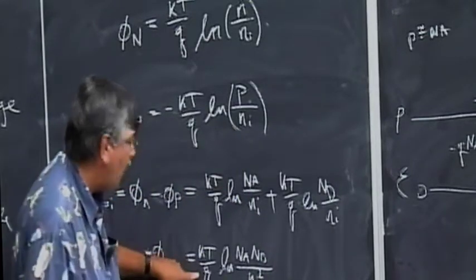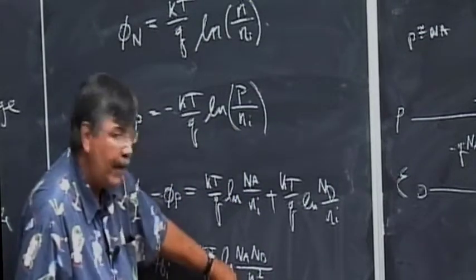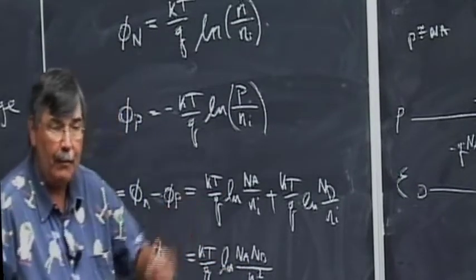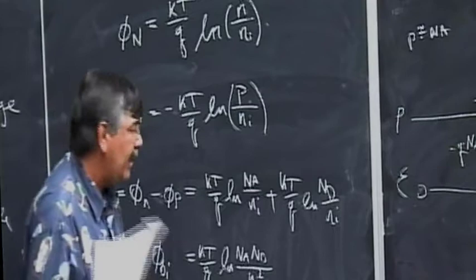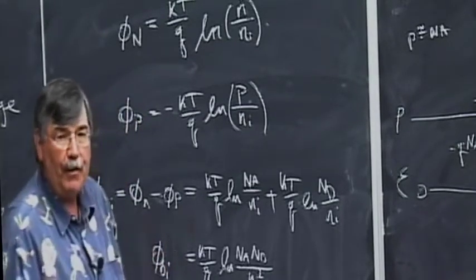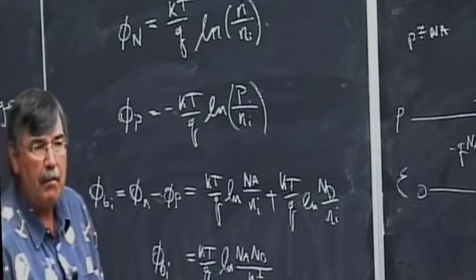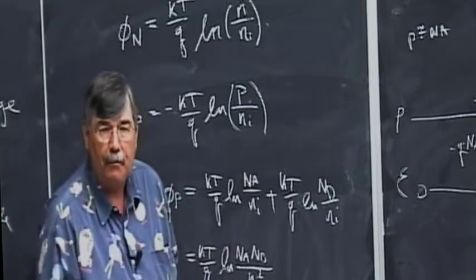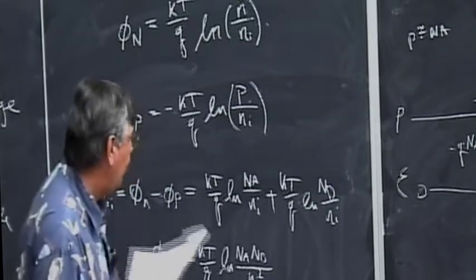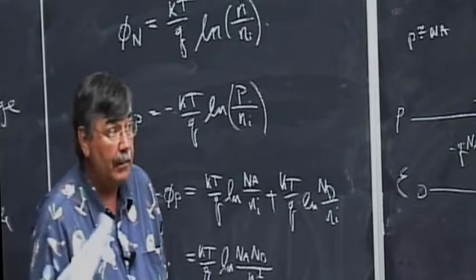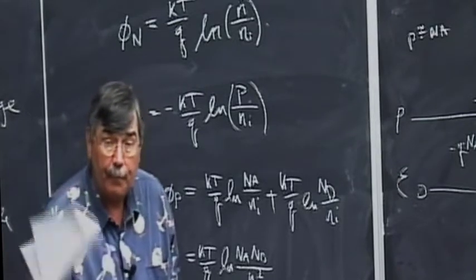So we can compute all of this if we know the temperature. Somebody will tell us what Ni is, and somebody will tell us how much Na and Nd is. We can get this. If we don't even know what the built-in potential is, it's probably between 6/10 and 9/10. You don't even need to know a whole lot to know that the built-in potential at room temperature is going to be in that ballpark.